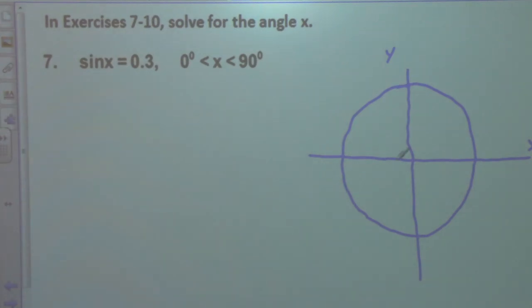Kind of an oblong looking circle, but what we're looking for is an angle here between 0 and 90 degrees that has a sine value of 0.3. Now how would you find out where that is? Where would you look? How would you determine where that is?